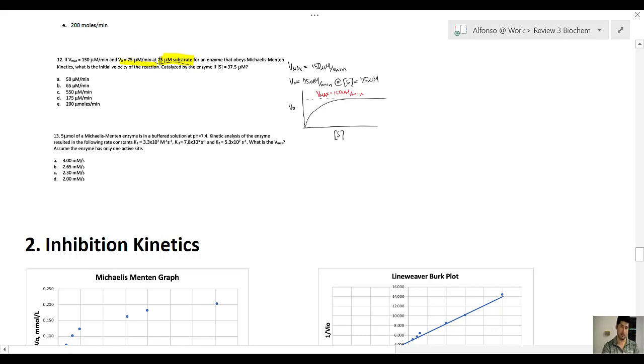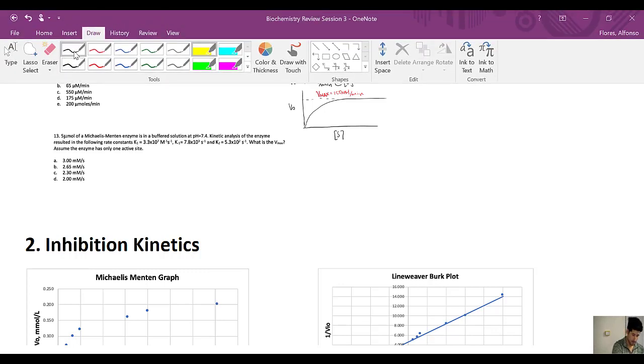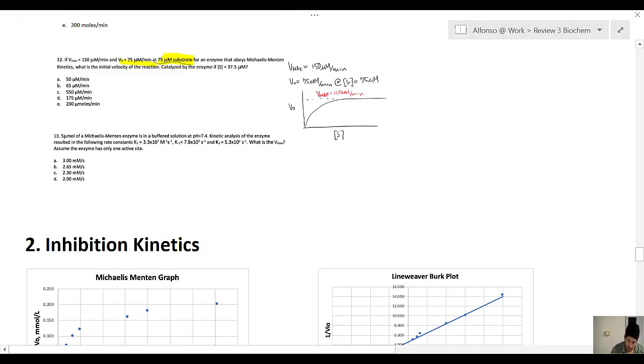So here's what I want you to see. They told us that with this substrate concentration, we were able to achieve 75 micromolar per minute as our initial velocity. What that means is that at that substrate concentration, our initial velocity is 75 micromolar per minute, which, and here's what you should be paying attention to, is exactly 1/2 of the Vmax.